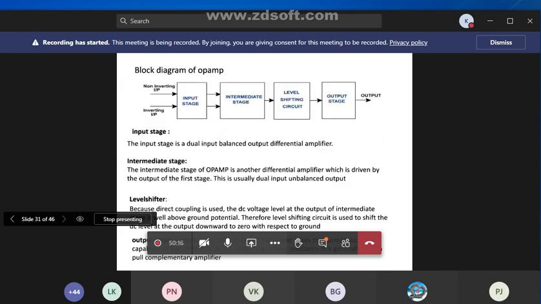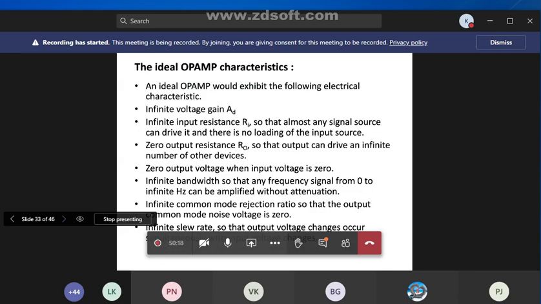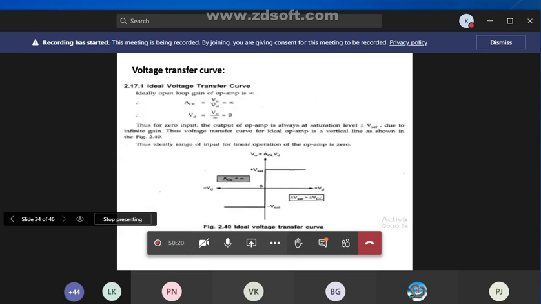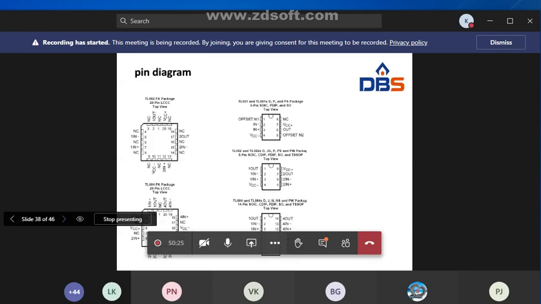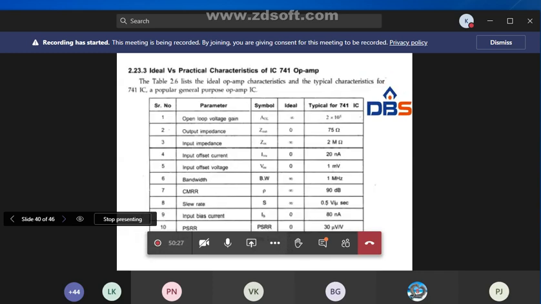The input impedance ideal value is infinity, and the practical value is 2 mega ohms.